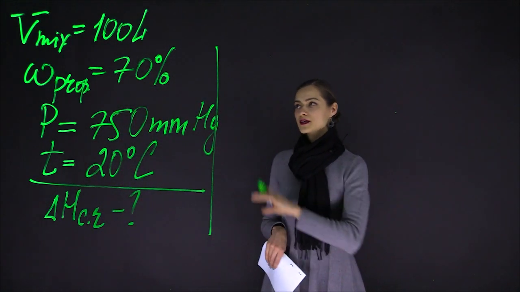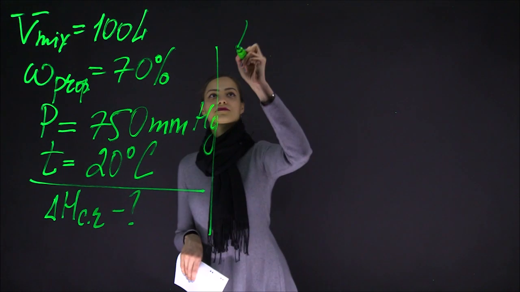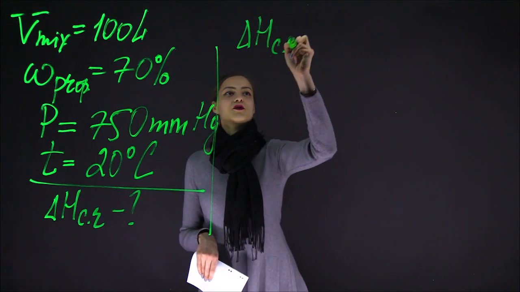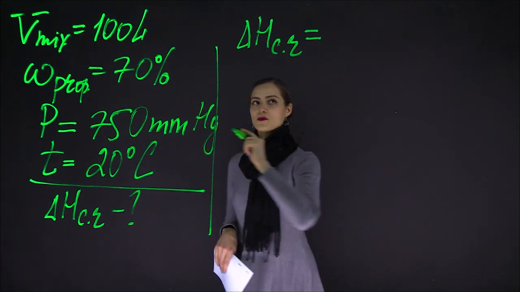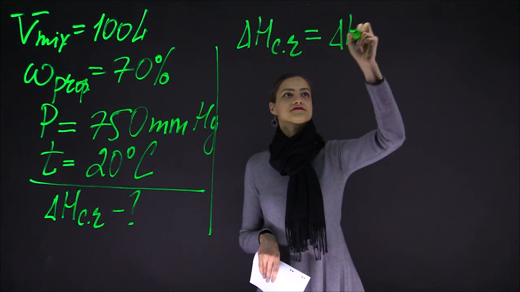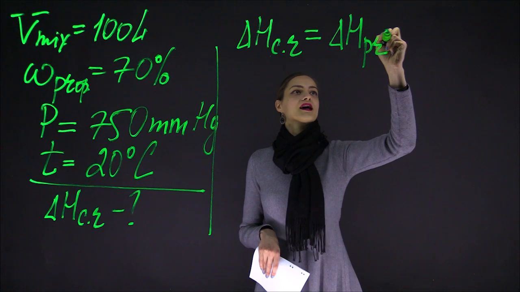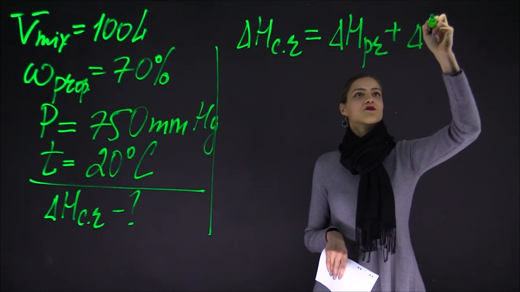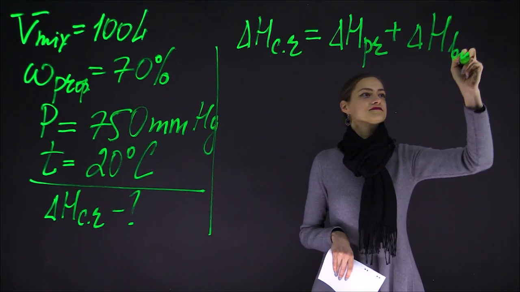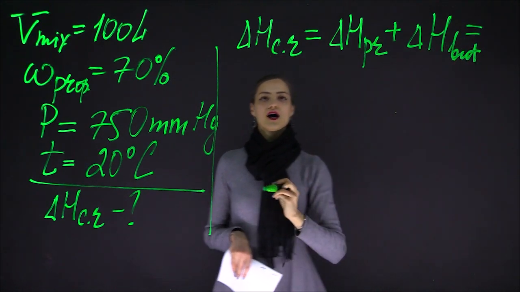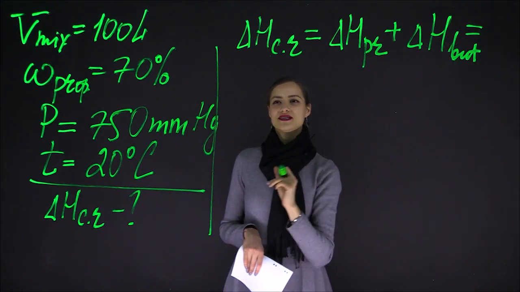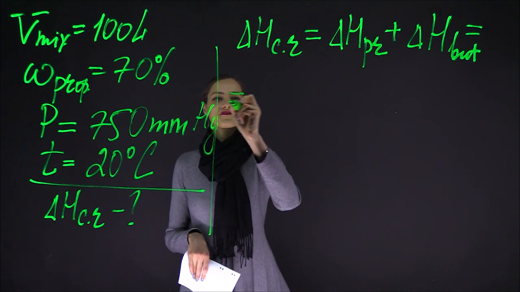To calculate the heat effect of the whole reaction, we need to sum the heat effects of the combustion reaction for propane and butane. How do we calculate exactly these heat effects?